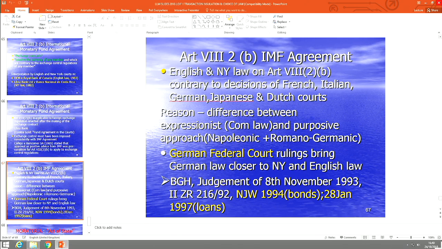Namely, Article 8.2b has no application if one is looking at the capital account, namely bonds or loans, if you want to bring it down to straightforward practical conclusions, but would apply outside those two areas. That puts German law in relation to Article 8.2b somewhere in between English and New York law on the one side and French law, Italian law, Japanese law on the other.